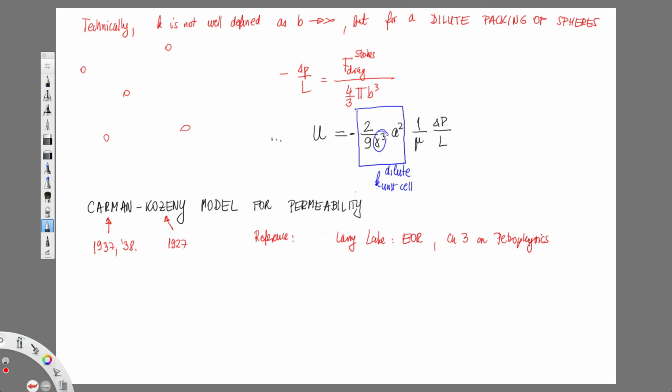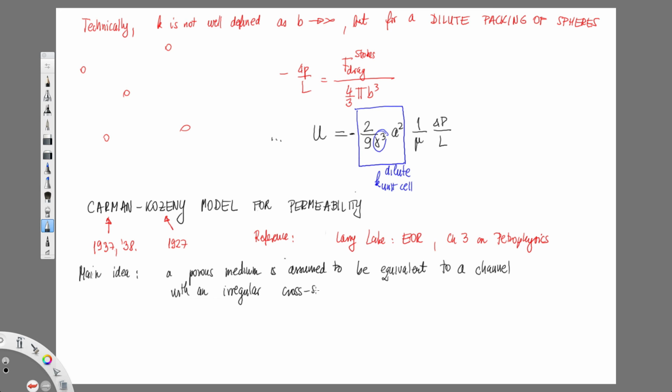Okay? So the main idea in this approach is that a porous medium is assumed to be equivalent to a channel with an irregular cross section, but that cross section on average has constant area.